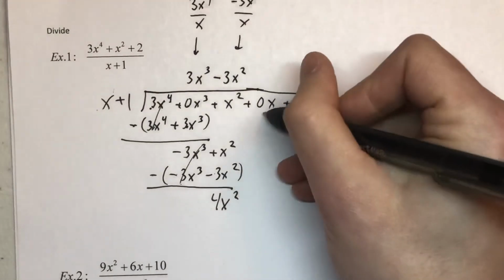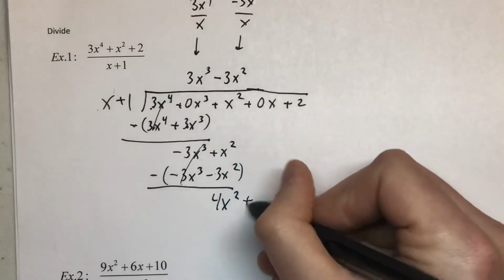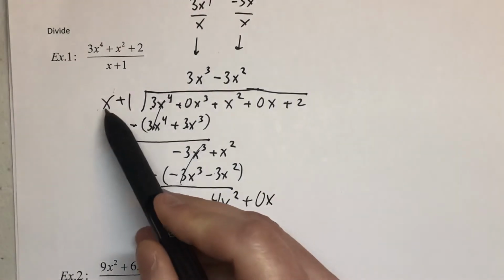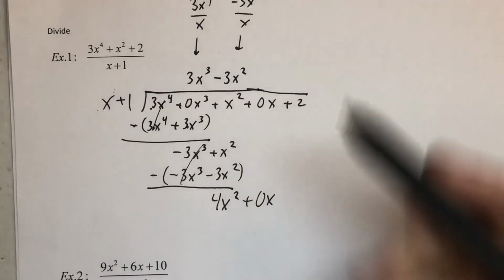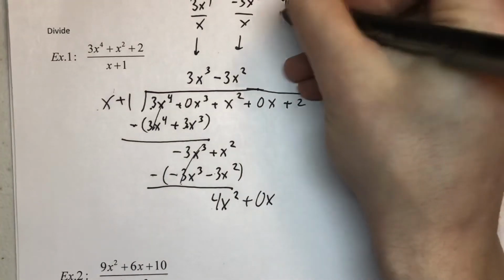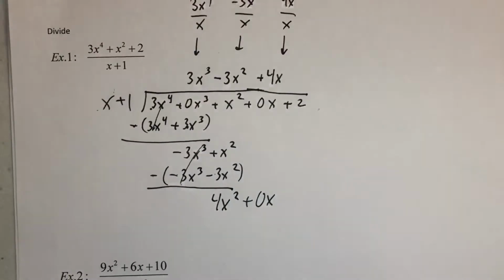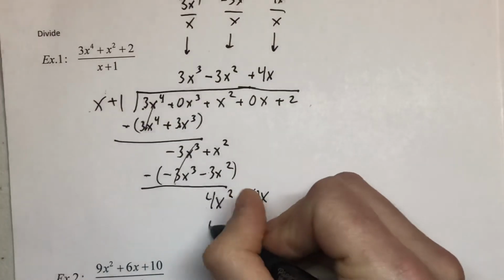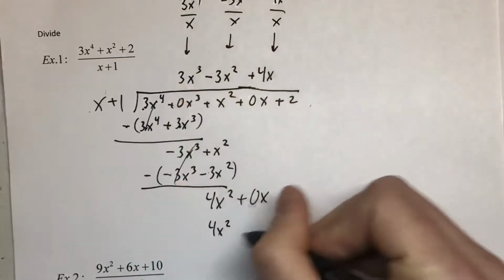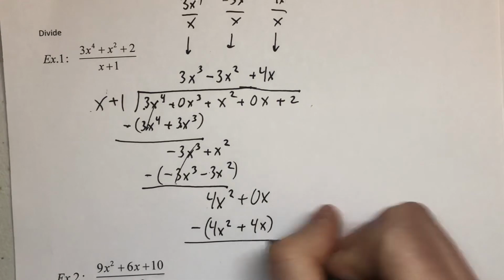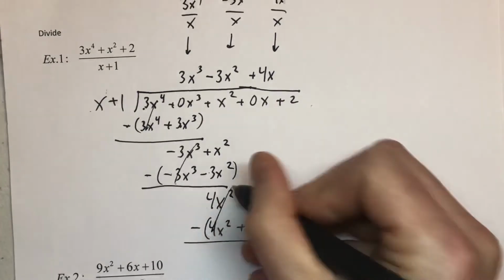So 4x squared. Now, even though the next term is a 0x, I'll still bring it down. We still want to see it. We go on to the next cycle. First and first, x to 4x squared, or again, 4x squared divided by x, will be just 4x. Multiplying gives me 4x squared, and times the 1 is a 4x. So we'll subtract. Those are gone.